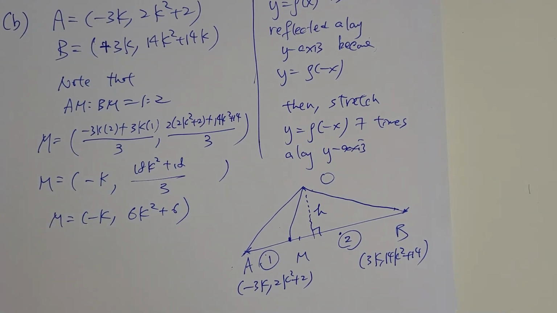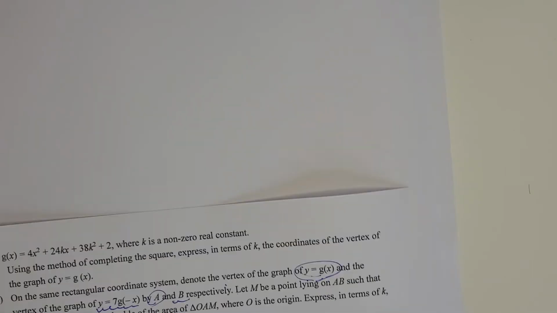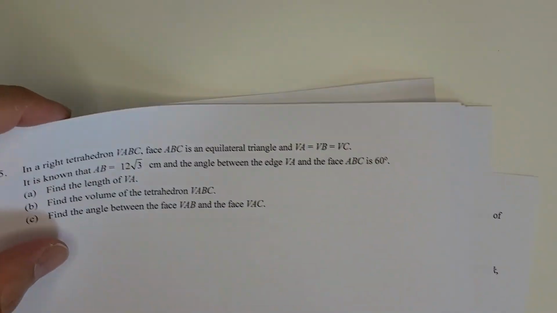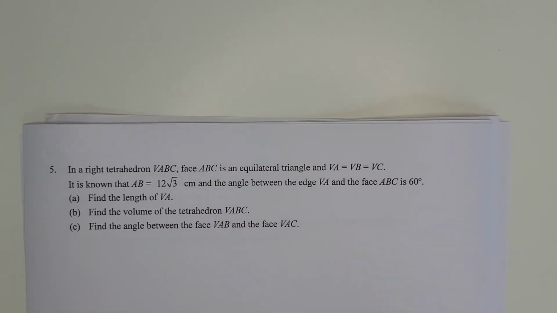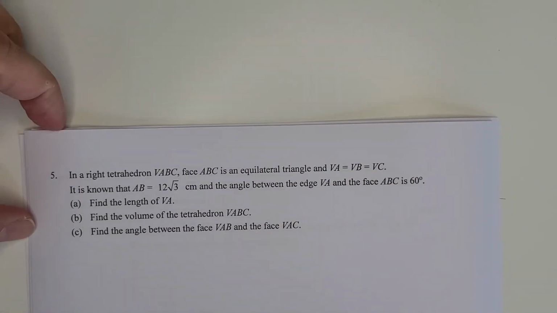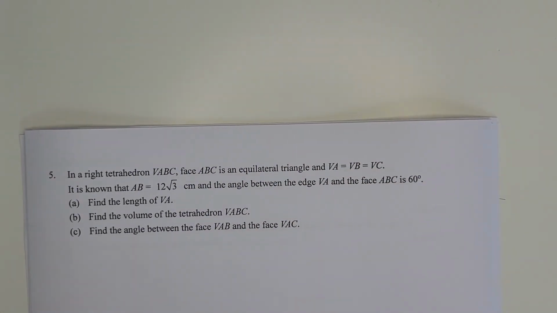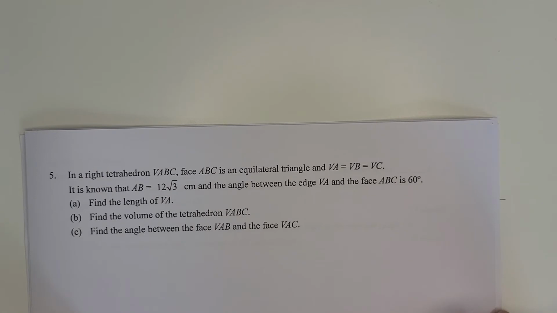And finally, we go to question number 5. That is about a trigonometry question in 3 dimensions. In the right tetrahedron VABC, face ABC is an equilateral triangle and VA equals VB equals VC.